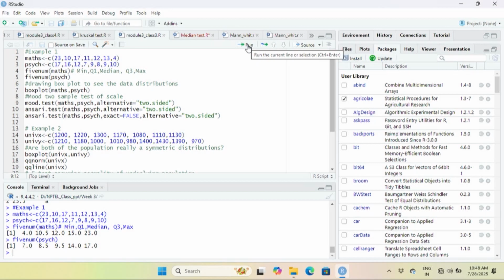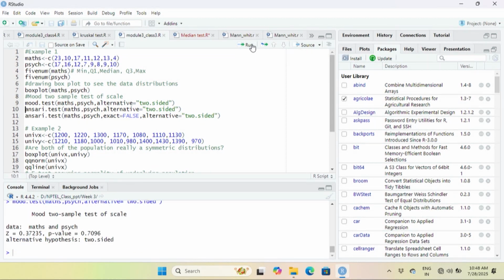Mood.test is an inbuilt R function already in the stats package, so no new package you need to install. For maths and psychology, Z is 0.37235.